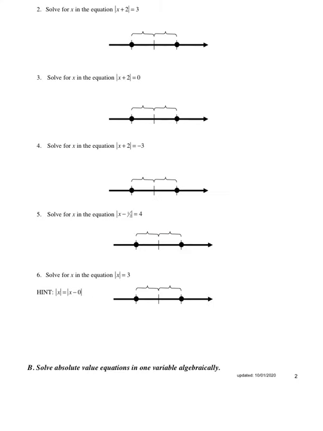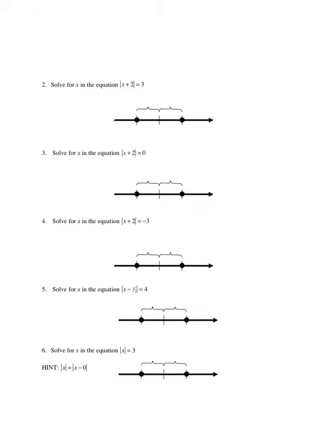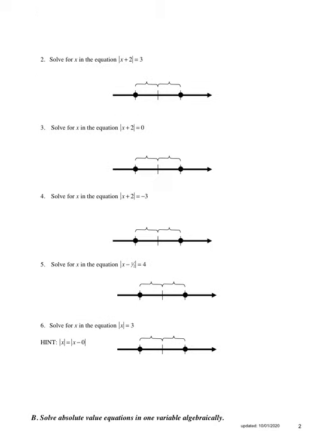So let's see how we would interpret this geometrically and then solve it algebraically as well. If I'm solving for x in this equation, keep in mind, this is the distance between x and -2. That's how we arrive at that +2 on the inside.